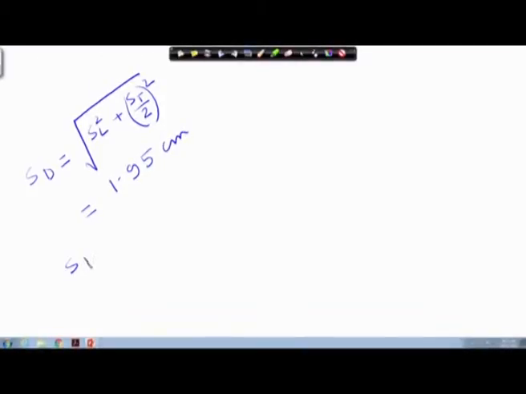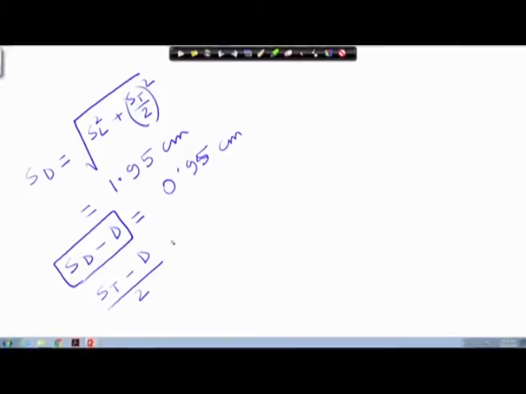Then SD minus D is equal to 0.95 centimeter. You can understand why we are trying to find SD minus D: we do not know exactly at what location the minimum free flow area is, or rather where the maximum velocity is occurring. Then we find ST minus D by 2, and that comes out to be 0.77.